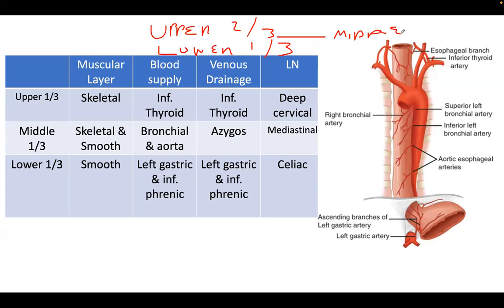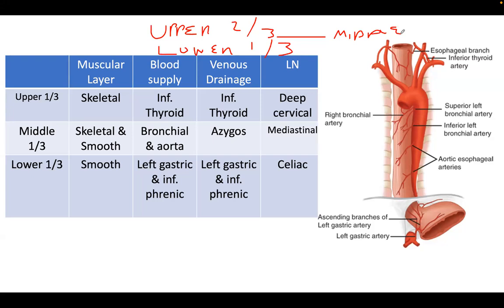Is this voluntary or is this involuntary? It is involuntary. So if there is a bolus of food found in the lower 1/3, can the individual voluntarily cough it out? Yes or no?